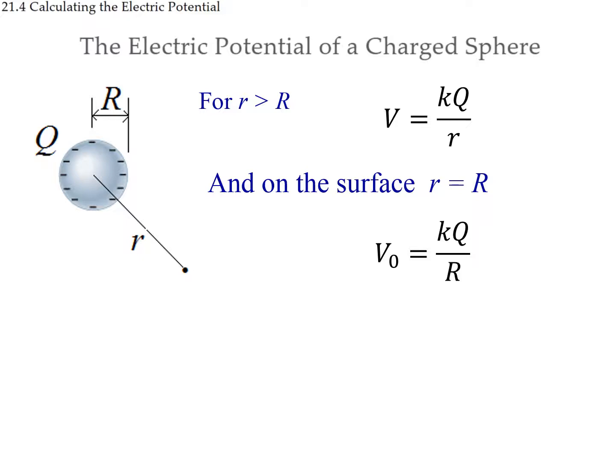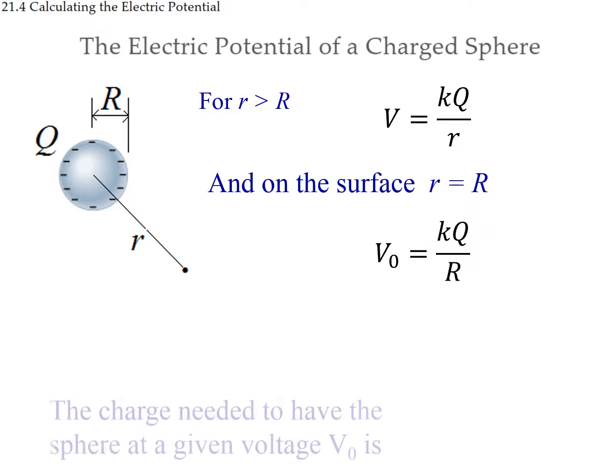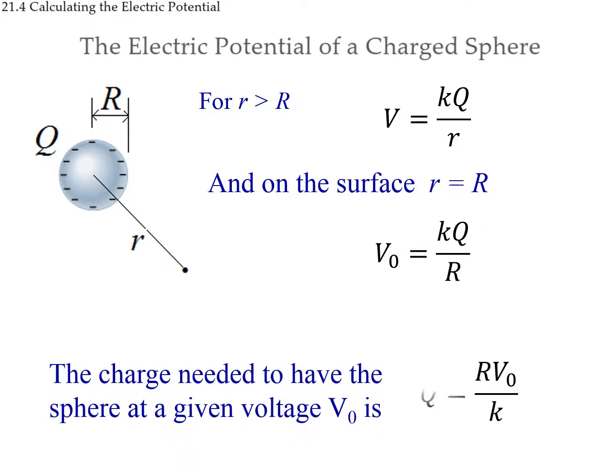Now, we learned before that the field inside of such an object, even if it's hollow or solid, being a conductor, is going to be zero. So there will be no change in potential as we go from any point on the surface to the inside.